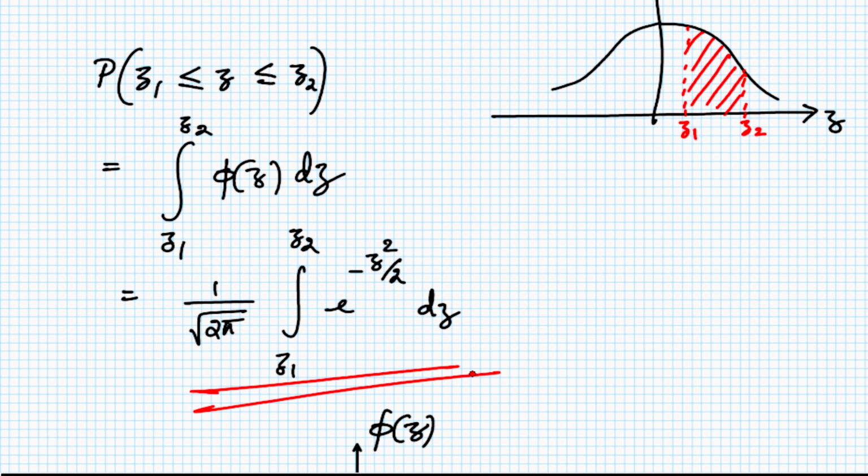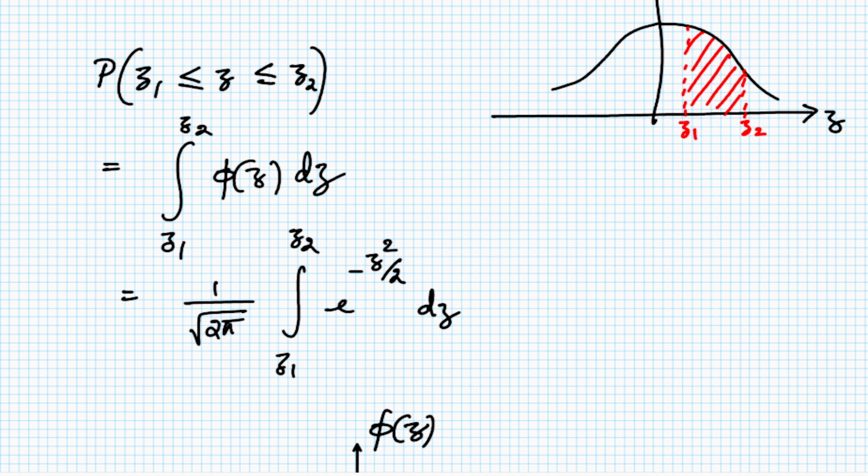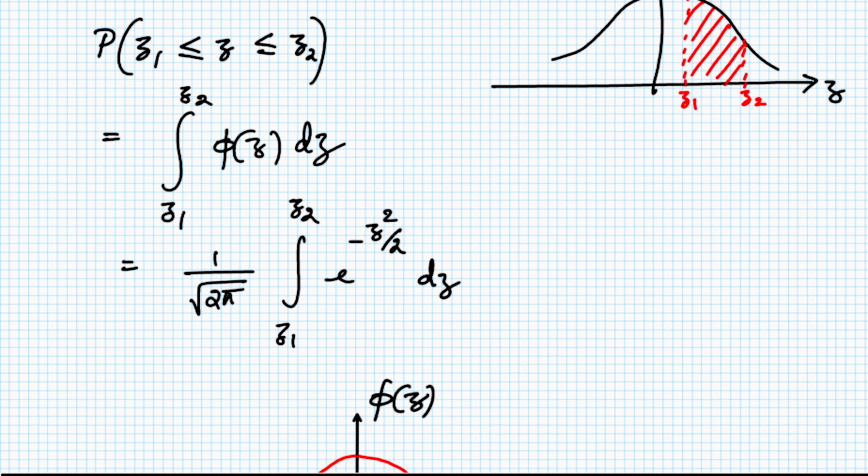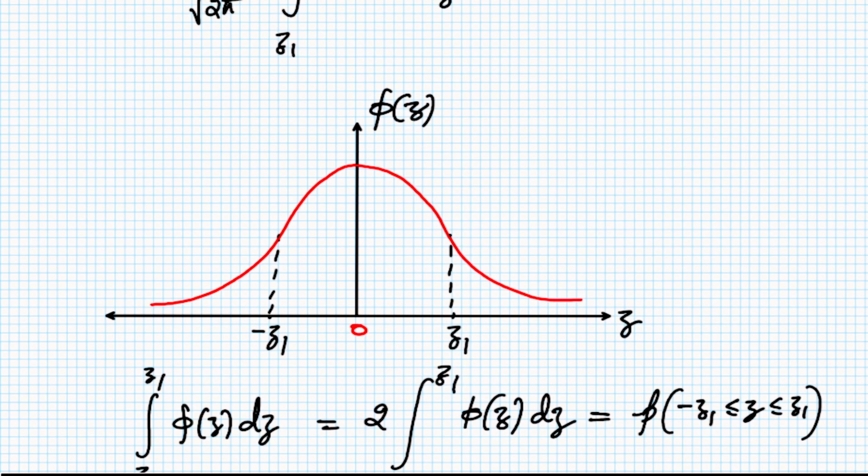Substitute, you have the phi of z already written in the previous page, so we are able to represent that in the form of an equation. Now let us look at some of the very peculiar features of this curve.